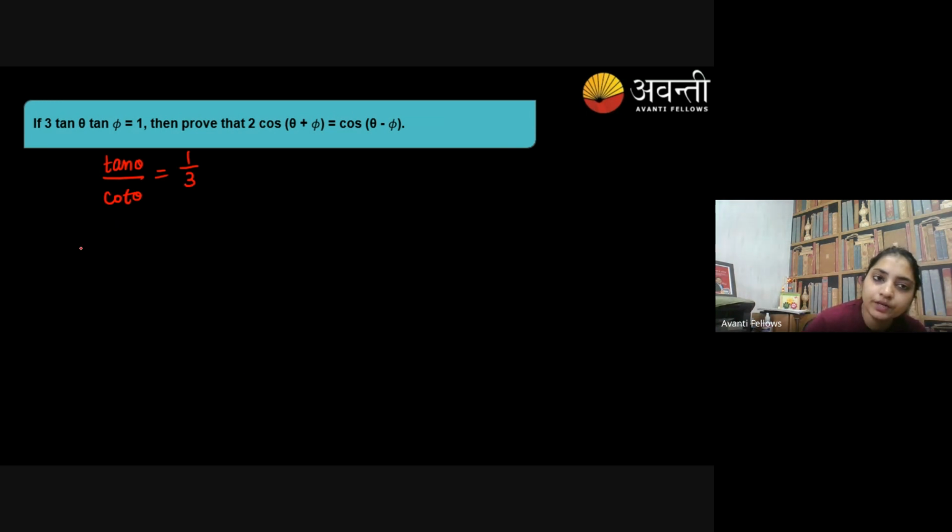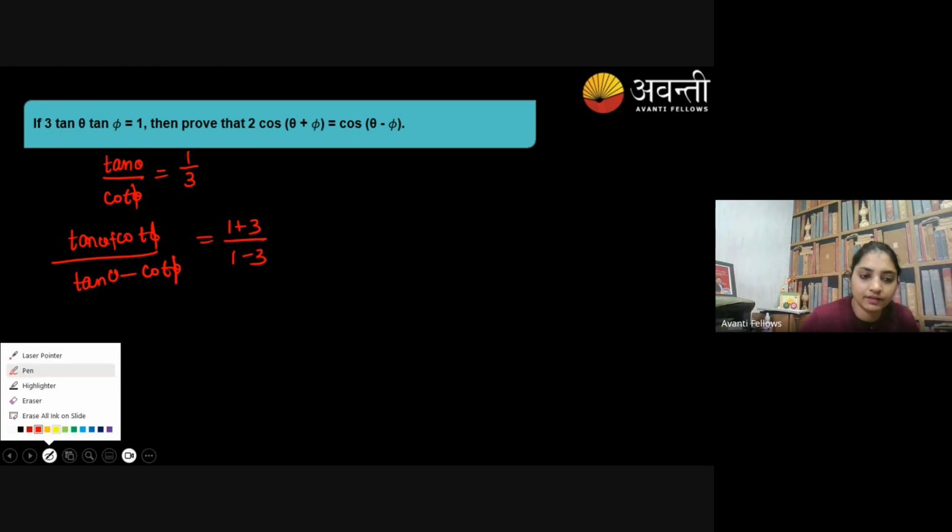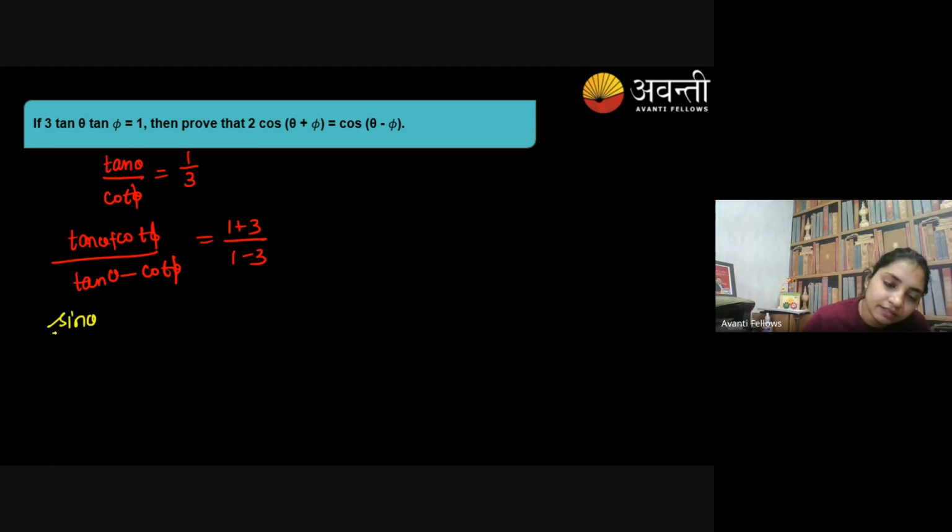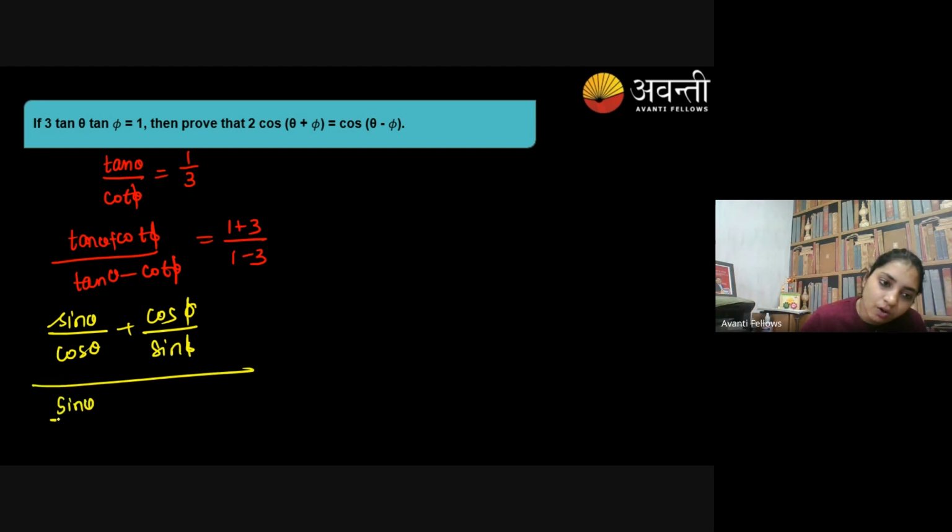If I apply componendo and dividendo, it will look like tan theta plus cot phi divided by tan theta minus cot phi, and in the denominator it will be 1 plus 3, 1 minus 3. Agreed here? So it will look like sine theta divided by cos theta plus cos phi divided by sine phi, right, dear students? Divided by sine theta divided by cos theta minus cos phi divided by sine phi. What say? Clear?